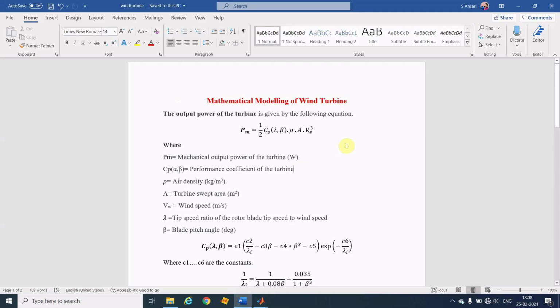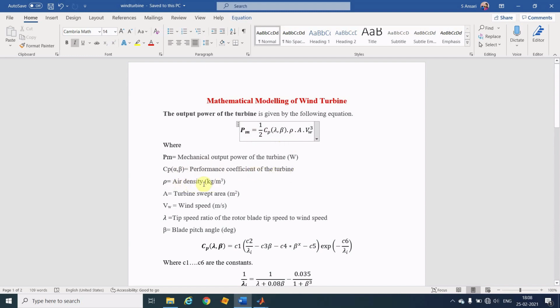So what power can a wind turbine give? That is given by a very familiar equation: Pm equals half Cp into rho A V cubed, where Cp is a function of lambda and beta, called the performance coefficient of the turbine.